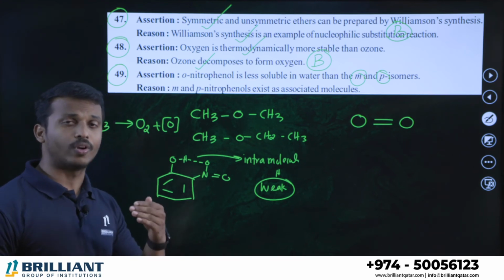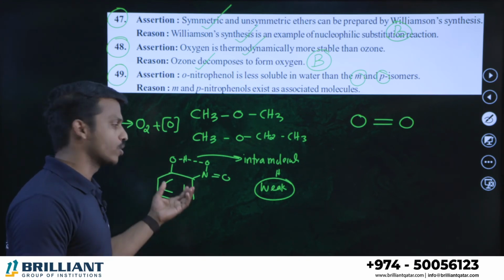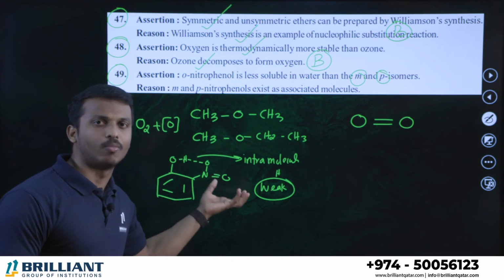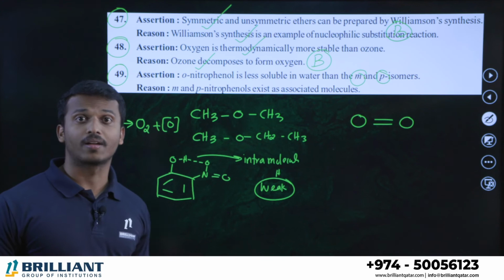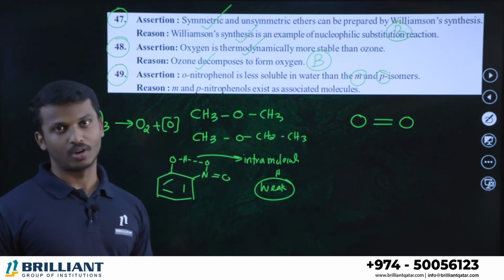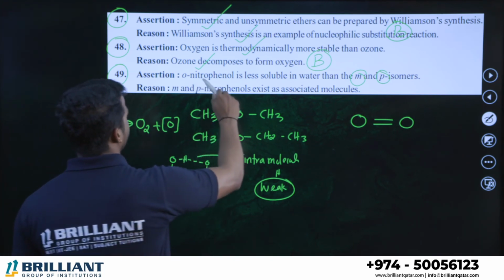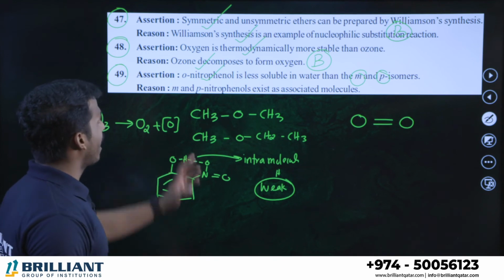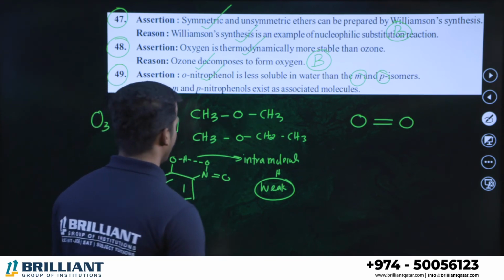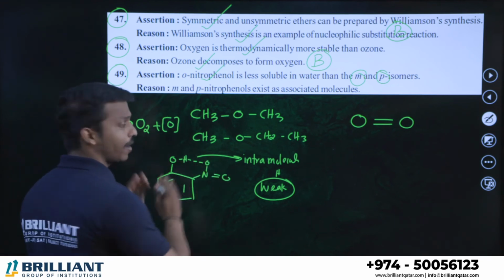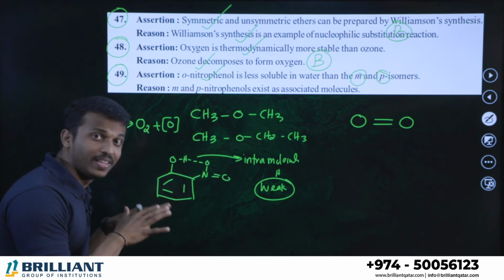Yes, orthonitrophenols are less soluble in water because they have very weak intramolecular hydrogen bonding, whereas meta and para contain very strong intermolecular hydrogen bonding. Then meta and para nitrophenol exist as associated molecules. This is why it is called intra: intra means within the molecule.